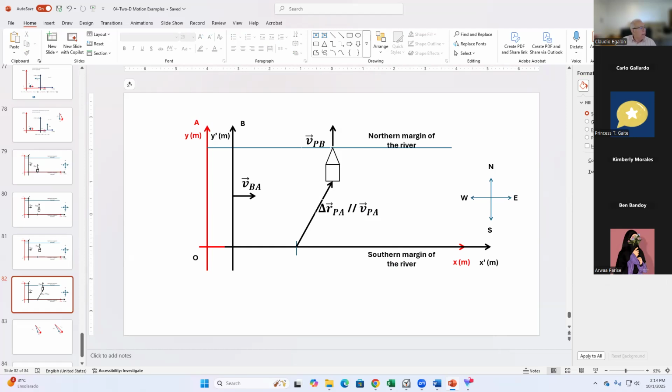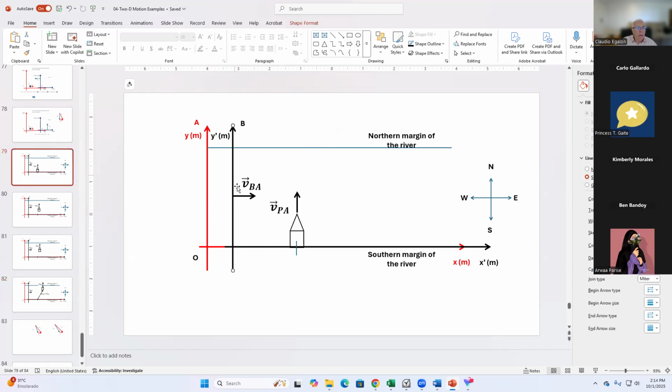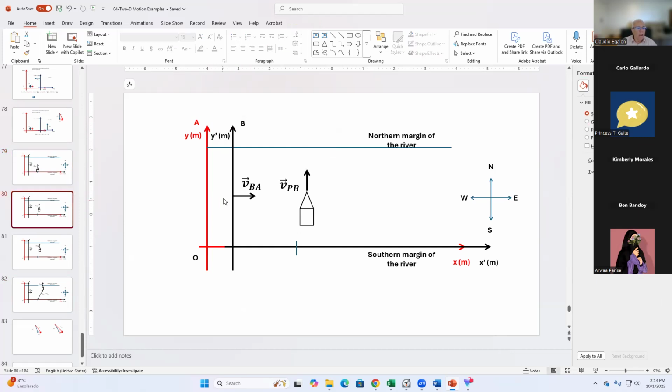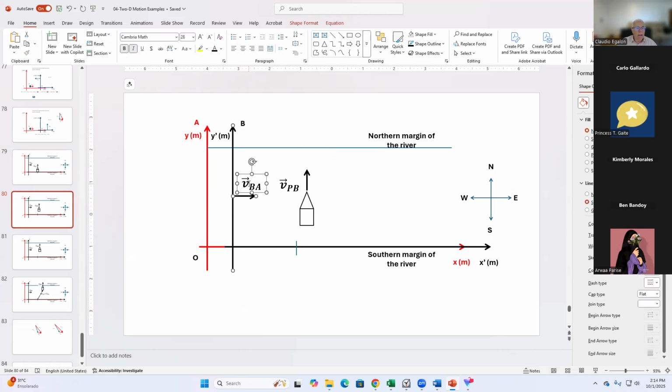And I will copy that. Oh, and let's not forget one more thing that I didn't do here. I didn't make the referential move to the right. Let's make the referential move to the right. That's one more thing that's missing in my drawing.